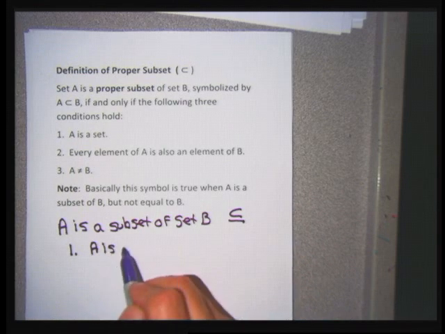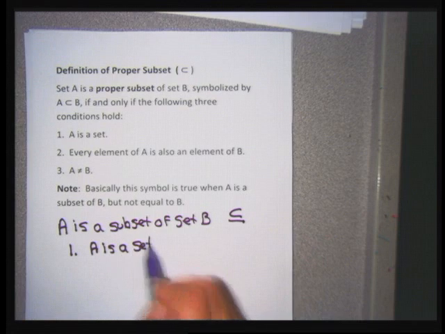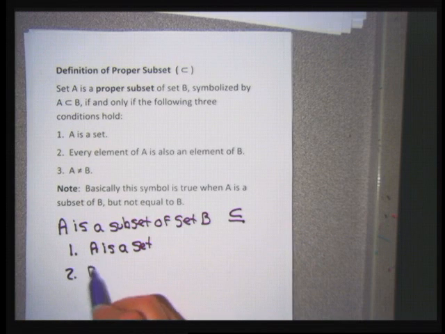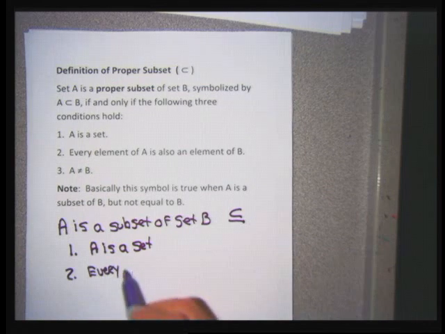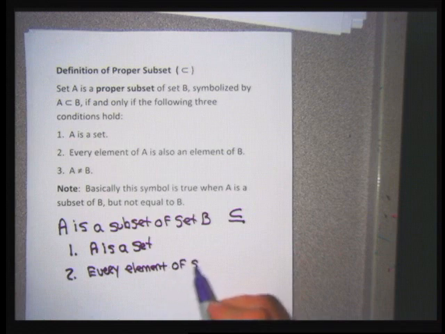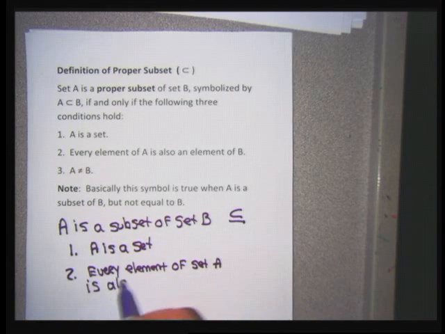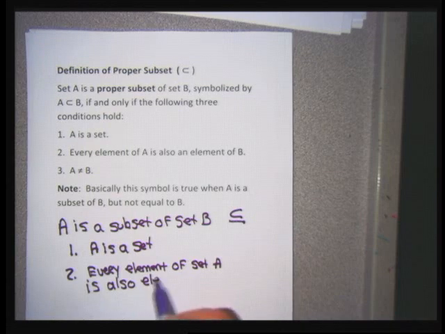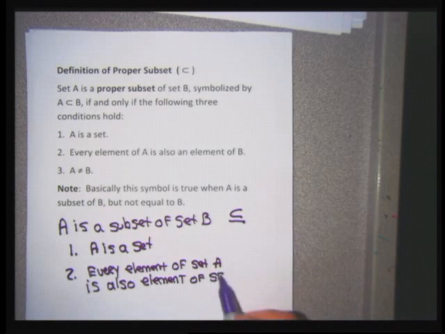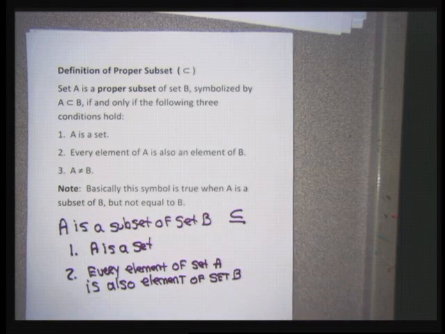A is a set, and every element of set A is also an element of set B. So the big difference between the two definitions is that subset allows the sets to be equal. Proper subsets don't allow the sets to be equal.